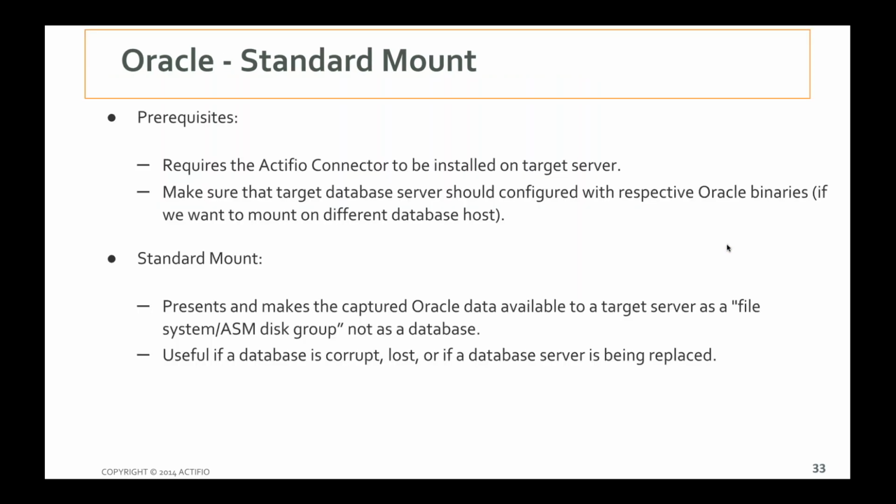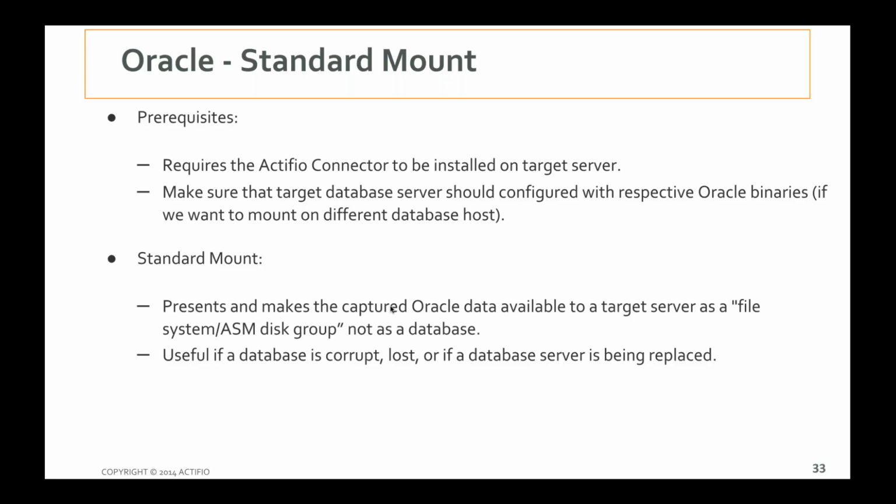And for this standard mount, there are prerequisites. Make sure that your Oracle versions on the source and target database host, where you are trying to perform a standard mount, are equal. And if you are creating an ASM disk group, make sure of how the capture is set up on your target host.